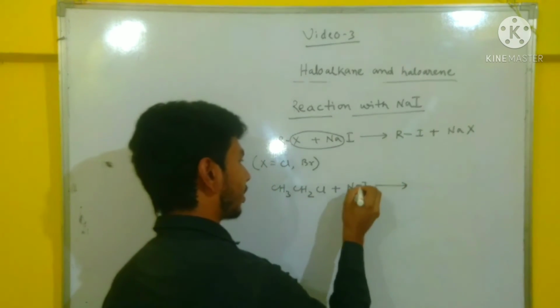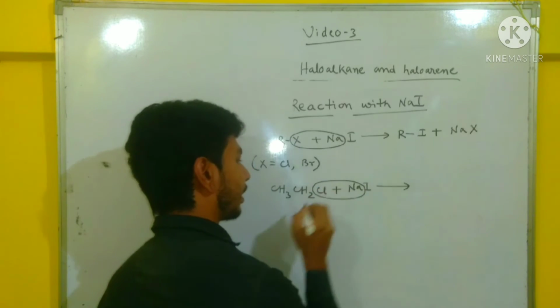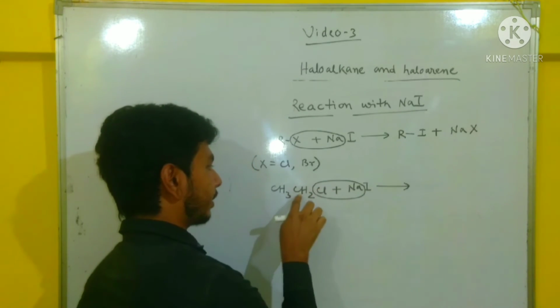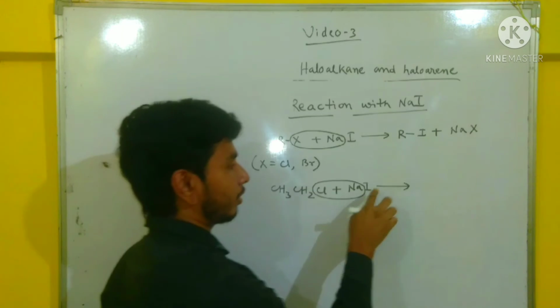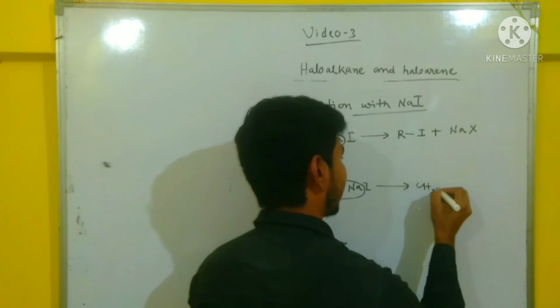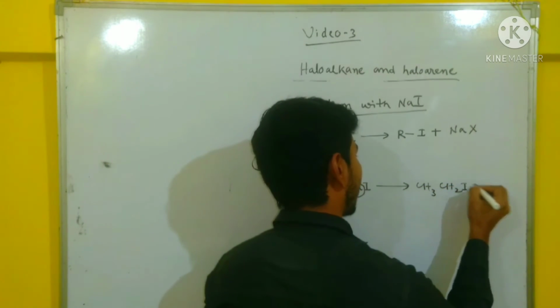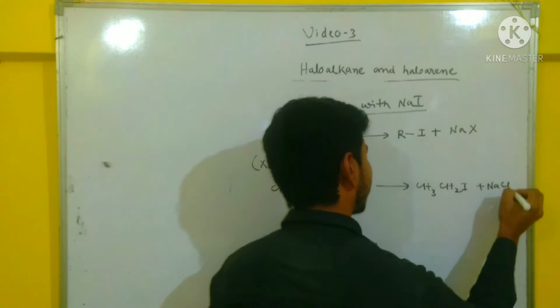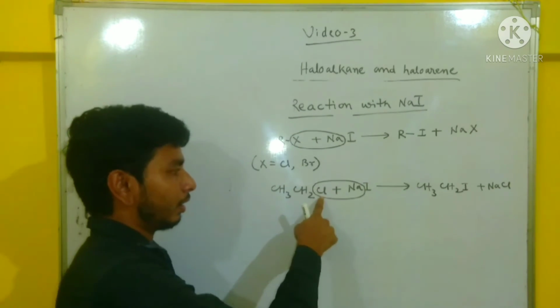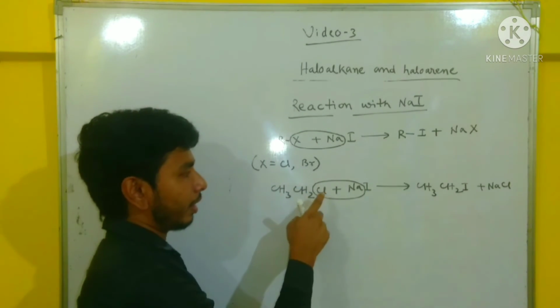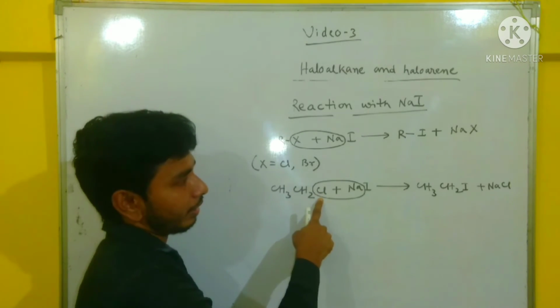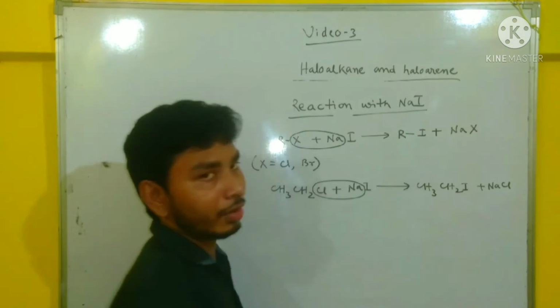What will be the product? NaCl is removed. So CH3CH2I. So the product is CH3CH2I plus NaCl. So in the reactant there is chloride, and in the product here it is iodide.